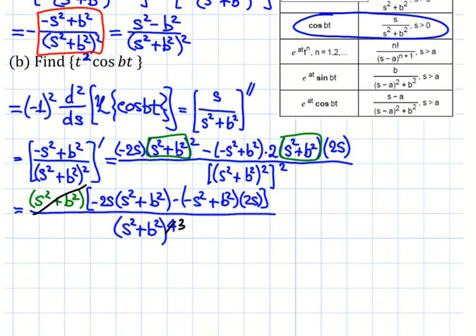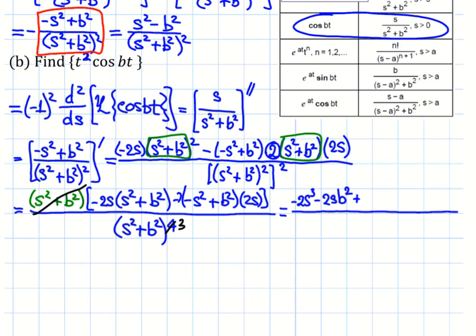And multiply everything on the top. We should have negative 2s cubed, negative 2s b squared, and that will be 2s cubed with the positive sign. And of course I forgot the 2 here, did I?